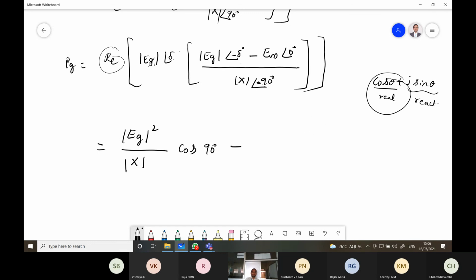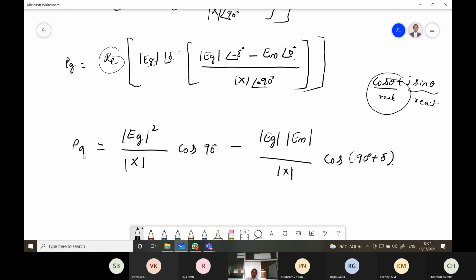Again here, EG and EM multiply to give EG multiplied by EM divided by magnitude of x, cos of 90 degrees, which comes to the numerator as plus 90. Multiplying EG and EM, the angle delta and 90 degrees add up to 90 degrees plus delta.